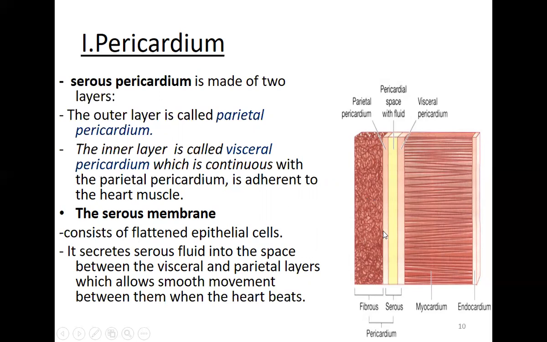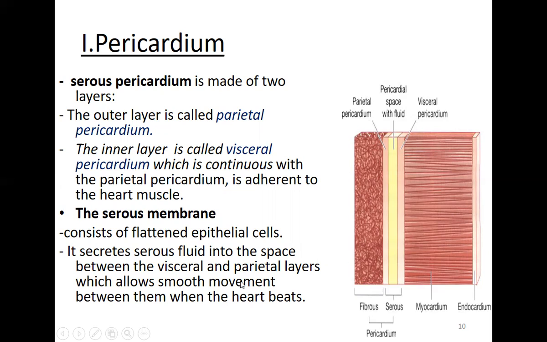So the parietal and visceral layer membrane has epithelial cells inside, and these will be secreting serous fluid, and it will flow into the space. It secretes serous fluid into the space between the visceral and the parietal pericardium.